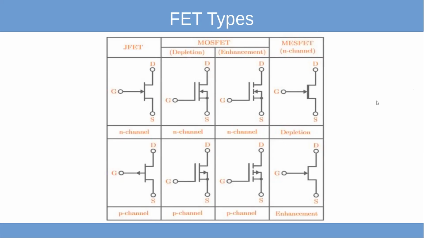And the next group are called MOSFETs, or metal oxide semiconductor field effect transistors. And the symbol you see is different. And there's 2 types of those: depletion mode and enhancement mode, which you don't really need to know.